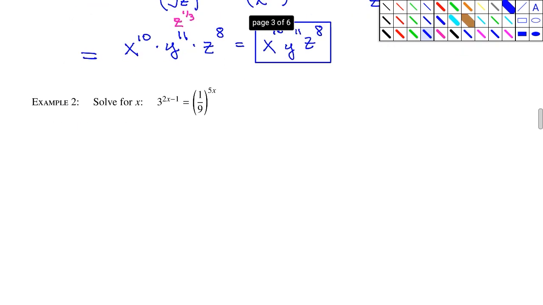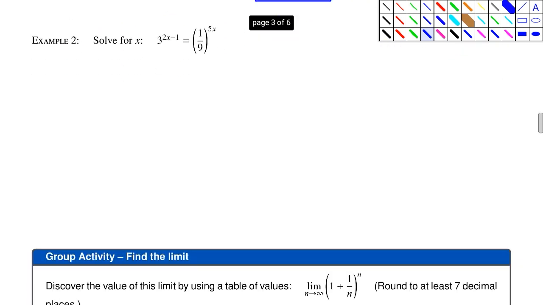Let's look at example number 2. Solve for x. 3 to the 2x minus 1 power is equal to 1/9 raised to the 5x power. So the key here is to make the bases the same. And we know that 9 is equal to 3 squared.